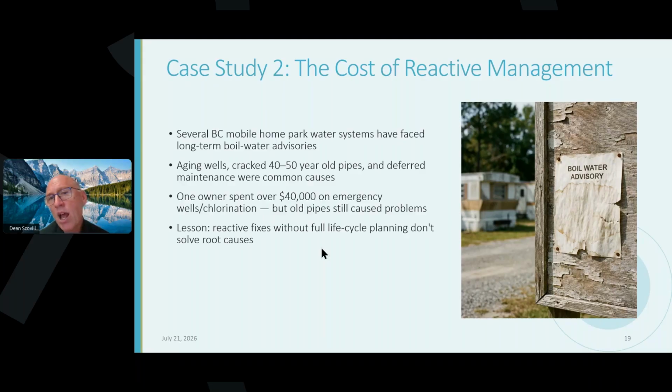And again, how can we make the best business case if funding comes available to my operation, grants or even a loan? I've got to make a business case to that provider and say, hey, I've got 300 meters of water main that is 60 years old and it's breaking down, it's leaking, and I've had a boil water advisory for the last 10 years, and this is my reservoir.